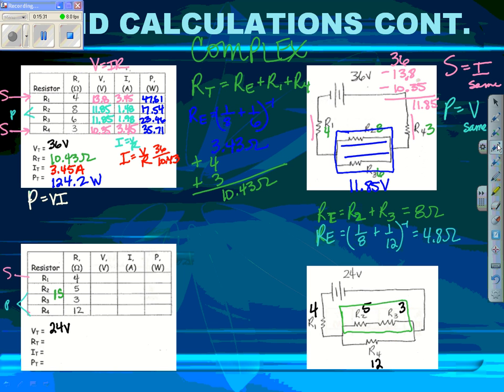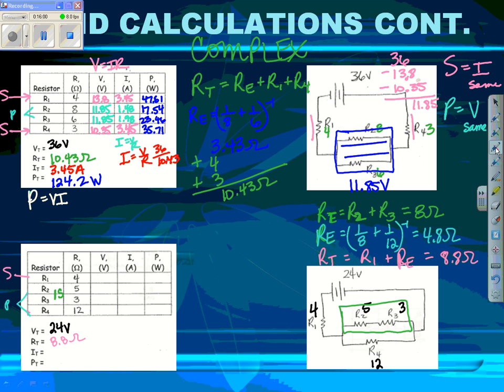We can now find our total resistance by doing R1 plus this new RE, which is going to be 4 plus 4.8, which is going to give me 8.8 ohms. So I can come over here and write on my total resistance that it is going to be 8.8 ohms.